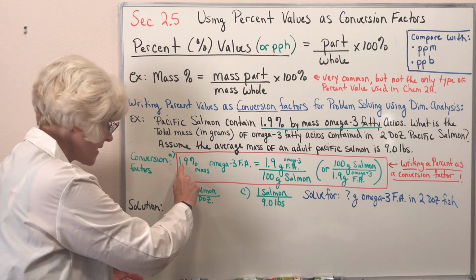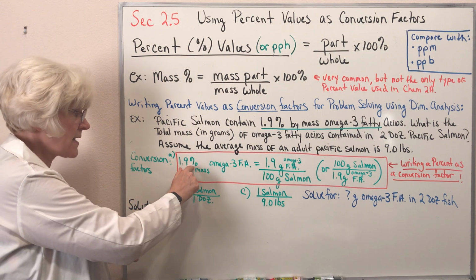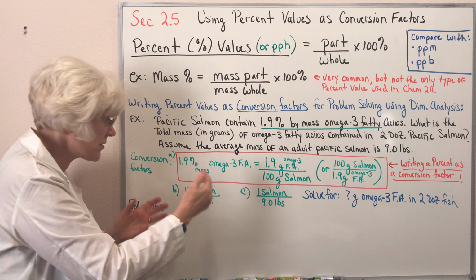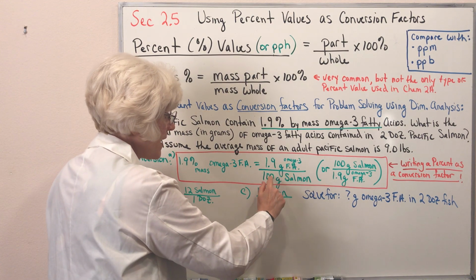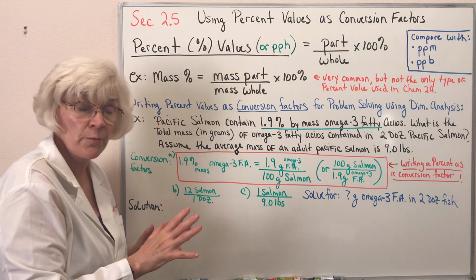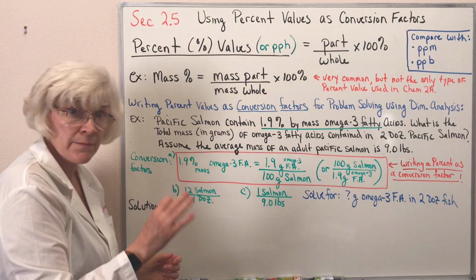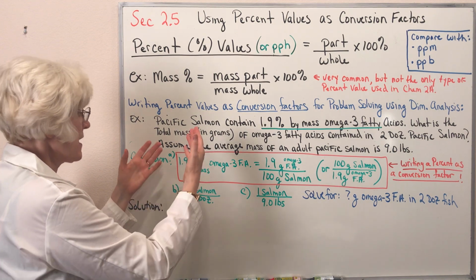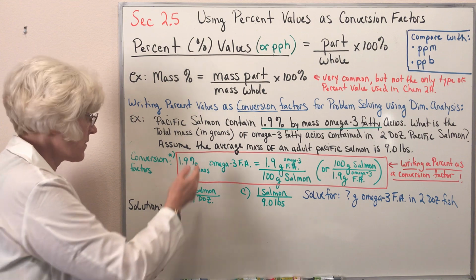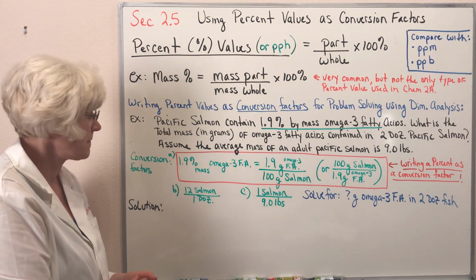Well, you take the number associated with the percent. The percent sign literally means out of 100. So we're going to take that 1.9 and put it over 100. It's that simple. To write a mass percent or any percent value, you take the value that's given with the percent sign and put it over 100.